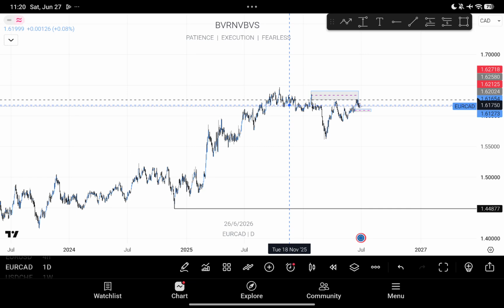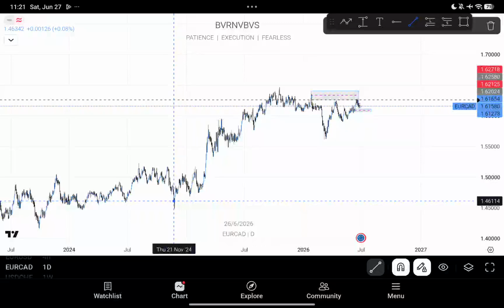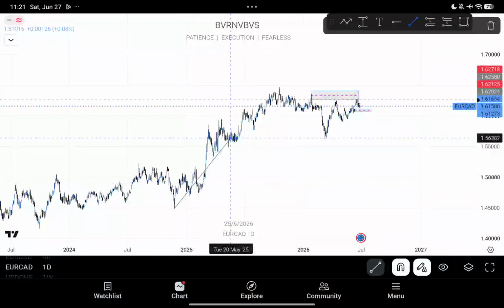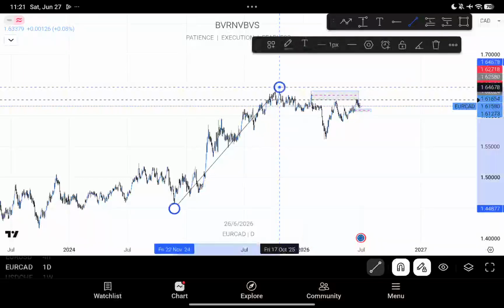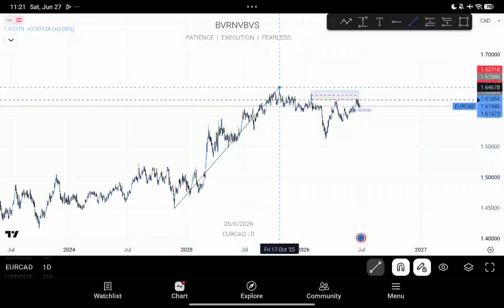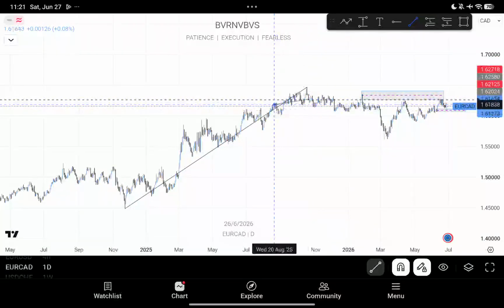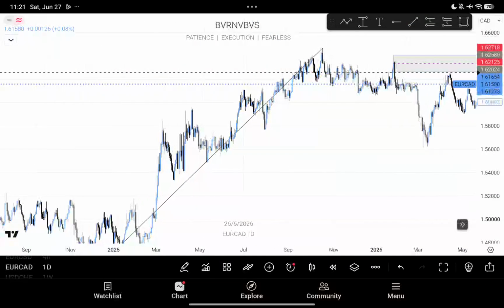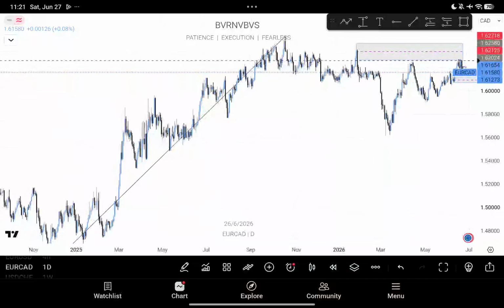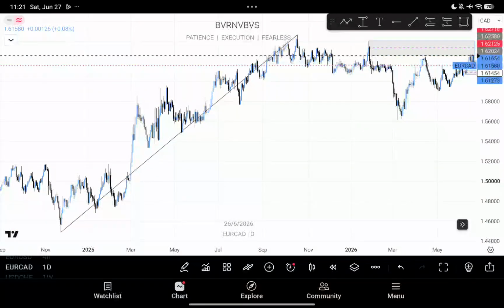Sorry, I was using another indicator. To this zone. This is a pure uptrend. From this zone, you see a series of higher highs and higher lows.